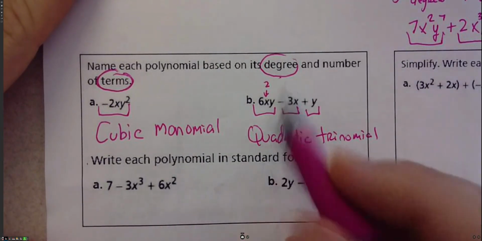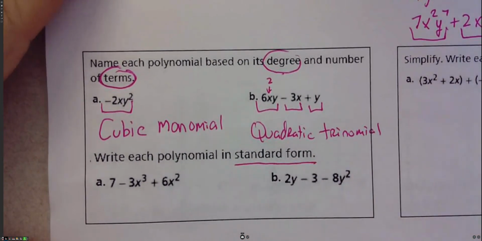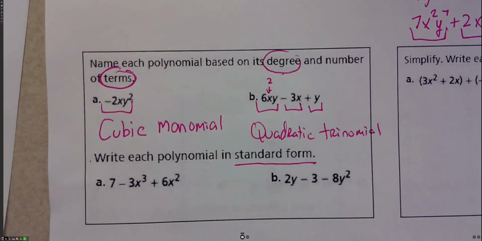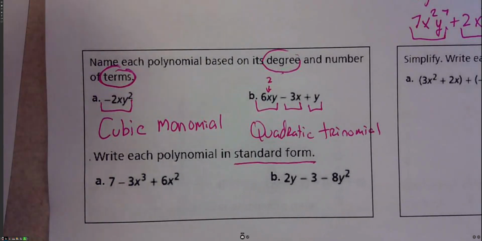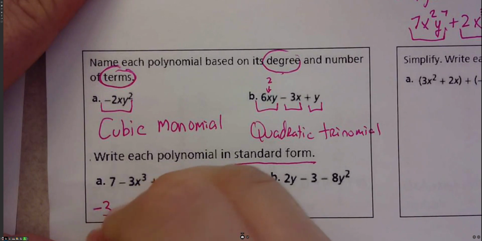Write the polynomial in standard form. Anyone want to guess what it means, standard form? Why, like on the graph? We're not graphing, no. I'm going to write it in standard form, and you tell me why you think this means standard form.